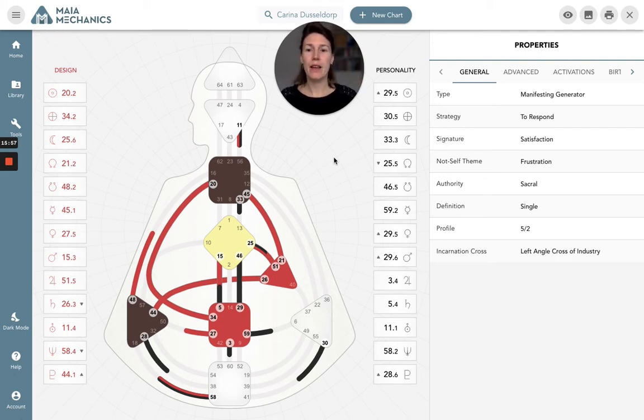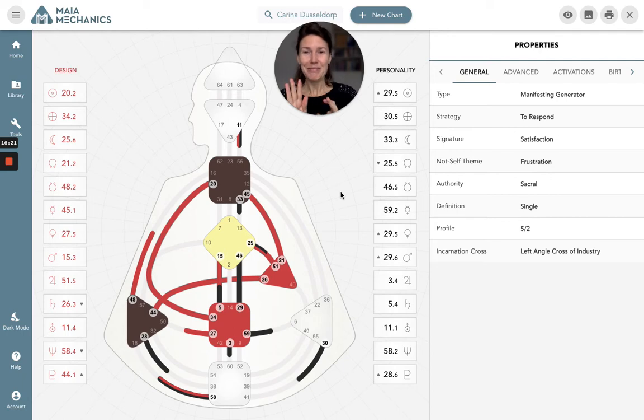So I explained a little bit about what the colored in means, that it was fixed, consistent, 24/7 access, what you emanate out here into the world. And then we have the white parts, so the white channels, also white gates, but also the white centers, and that's the other way around.